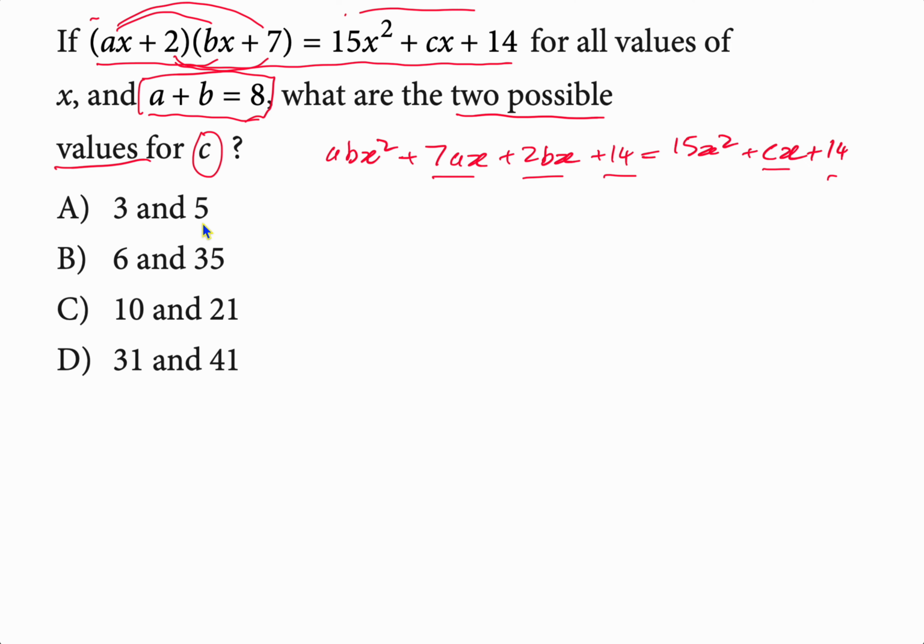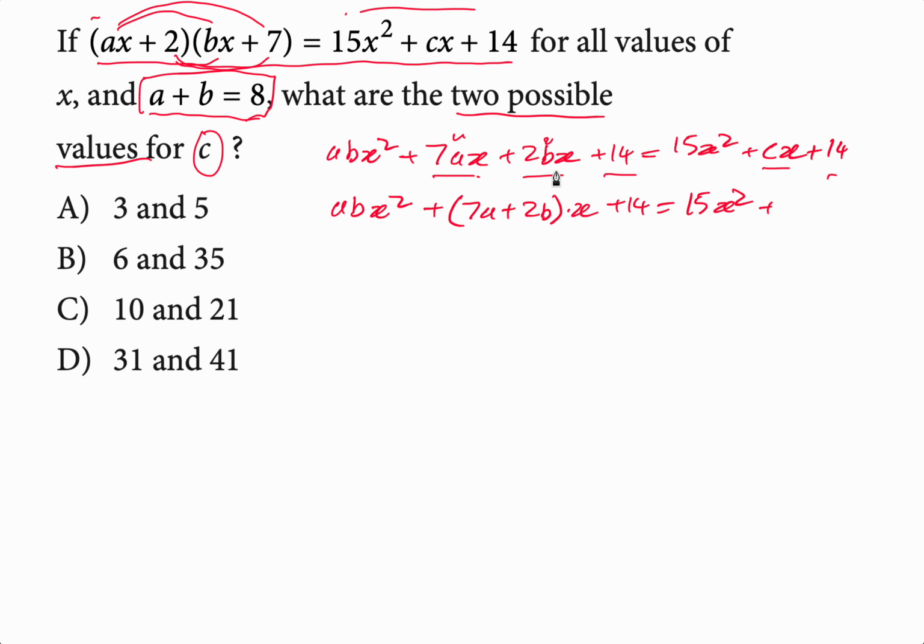So we can rearrange and simplify on the left side. We have abx² plus, combining the 7ax and the 2bx, (7a + 2b) times x, and then plus 14 equals 15x² + cx + 14.